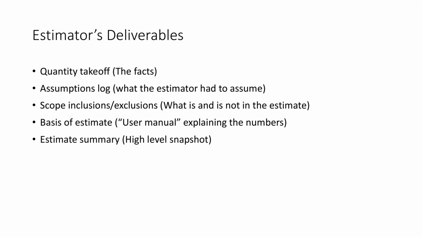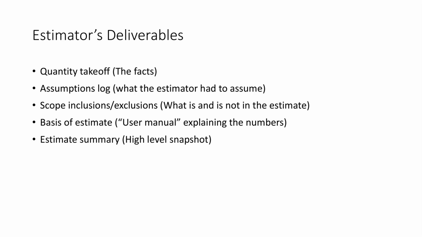So on top of your estimate, you produce a document that is called an assumptions log. And that tells the owner or the project manager what your assumptions are that are not necessarily reflected on the drawing. And that is in a written format. You might have a basis of estimate. It's kind of like a user manual, because estimates in large projects tend to be hundreds of lines.